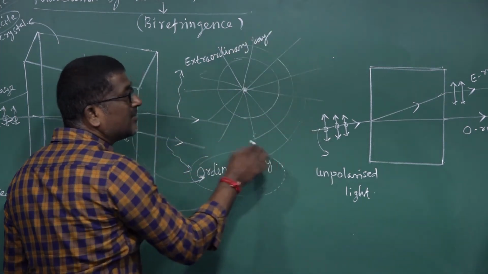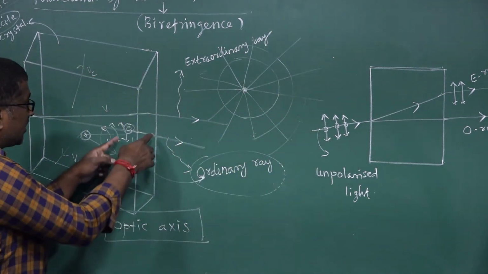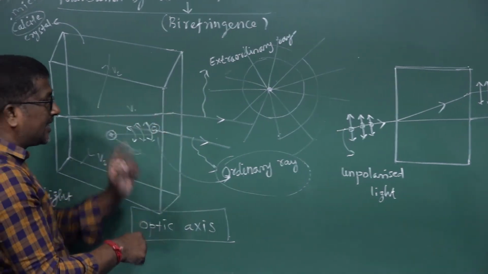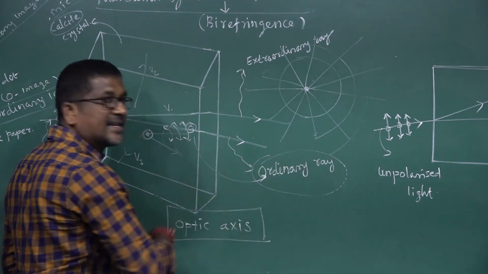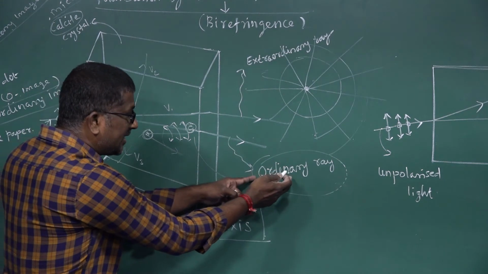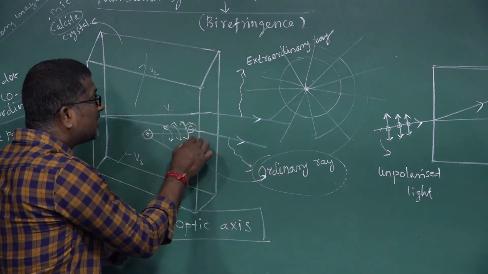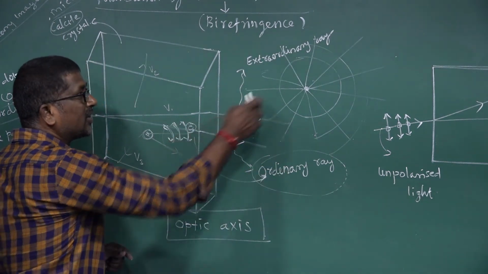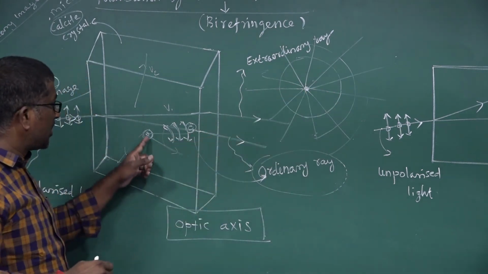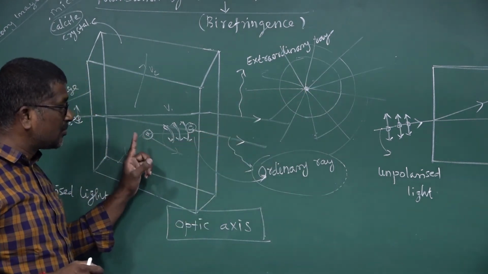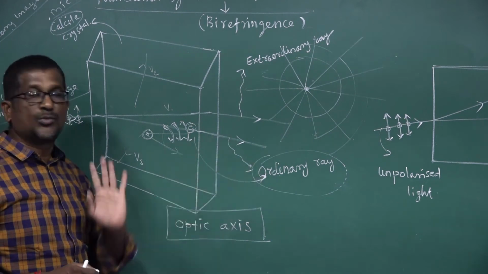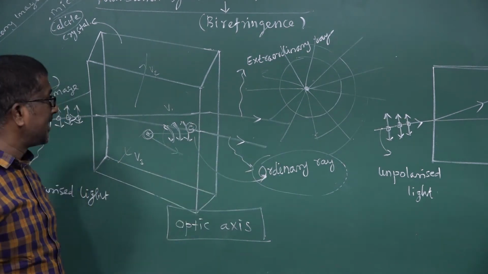So this is a spherical wavefront. Here there are two refracted rays. One of the rays is the ordinary ray. The ordinary ray consists of a spherical wavefront like this. A point source inside the double refracting crystal produces a spherical wavefront corresponding to the ordinary ray, right?